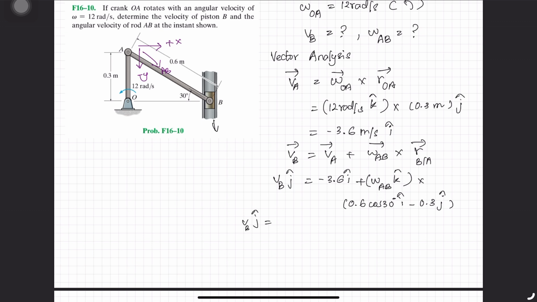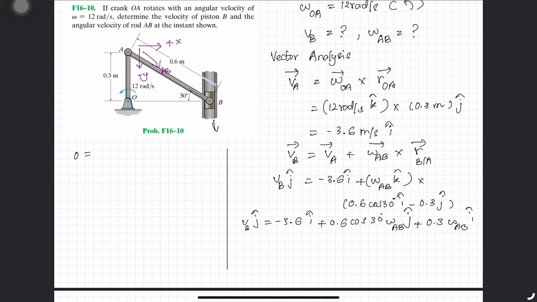So VB j cap equals minus 3.6 i cap plus 0.6 cos 30 degree omega AB, k cap into i cap, which is j cap positive. Then k cap into j cap is minus i cap, but as a result it will have only plus 0.3 omega AB i cap.